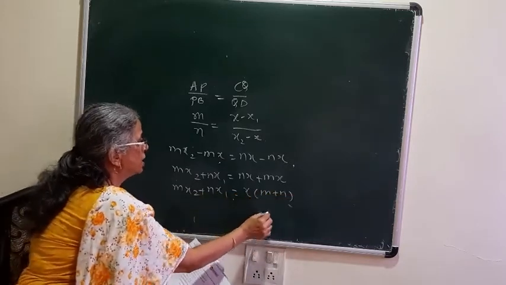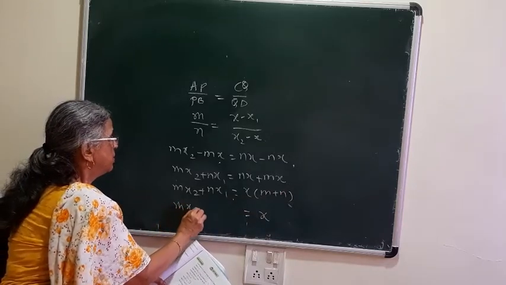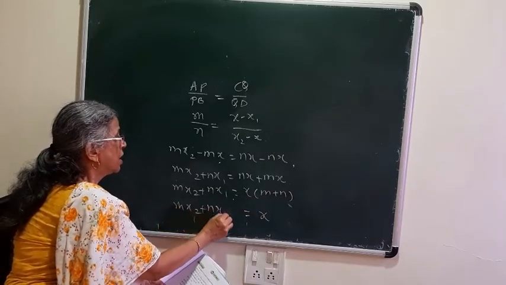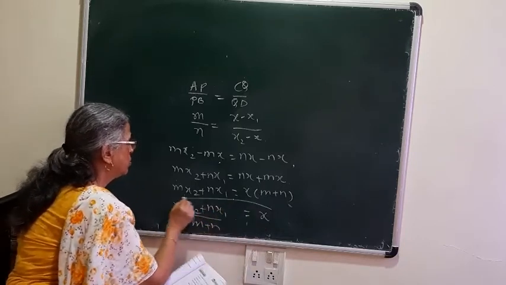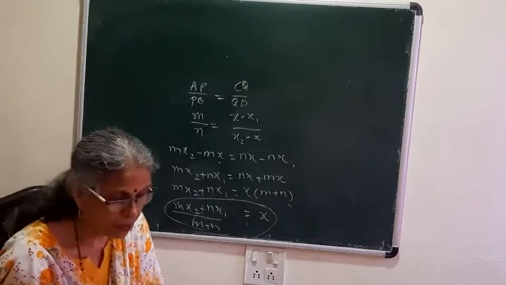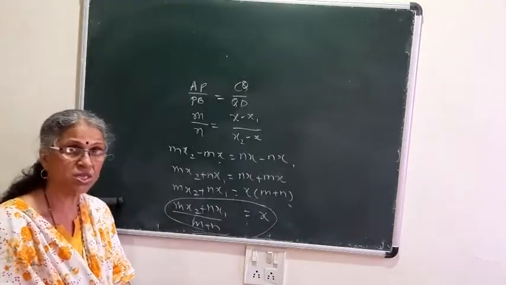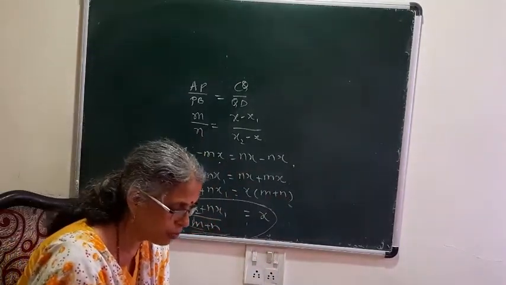So what will be the x coordinate of that point of intersection? mx2 plus nx1 upon m plus n. So that is how you are going to prove the formula for the x coordinate of point P, which is the point of intersection on segment AB. Followed? So that is how they have derived the formula.